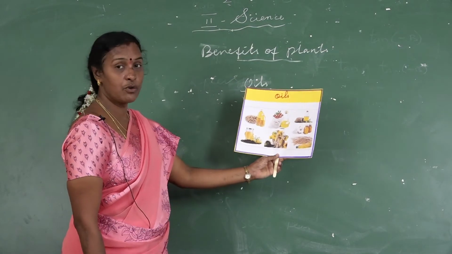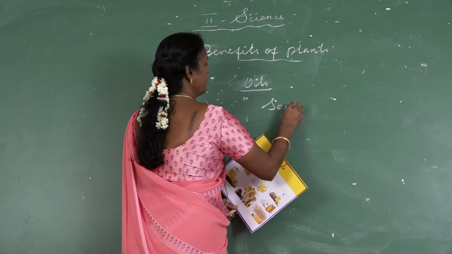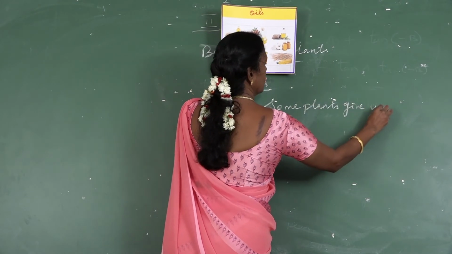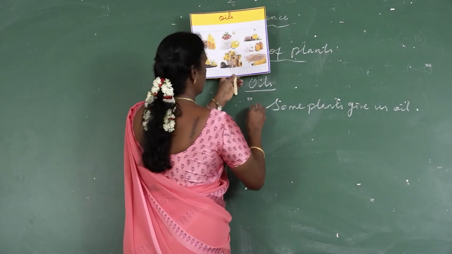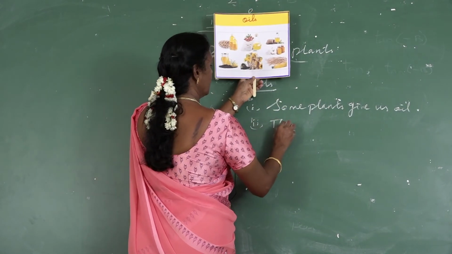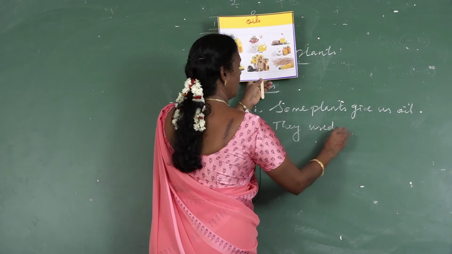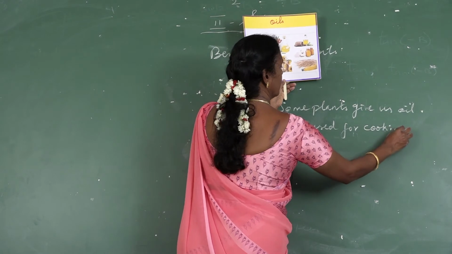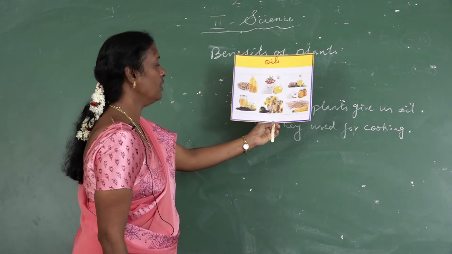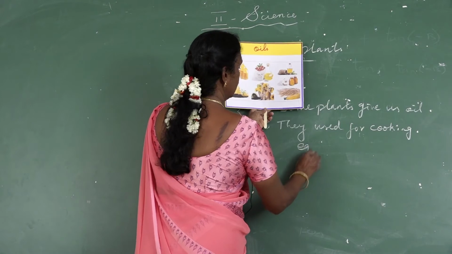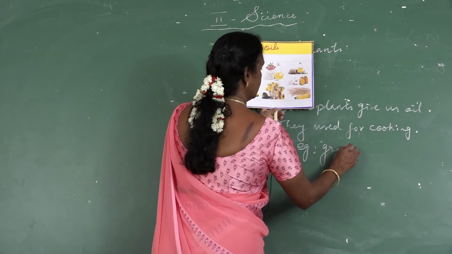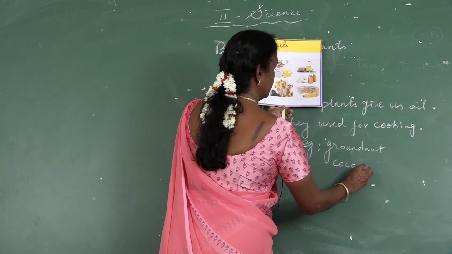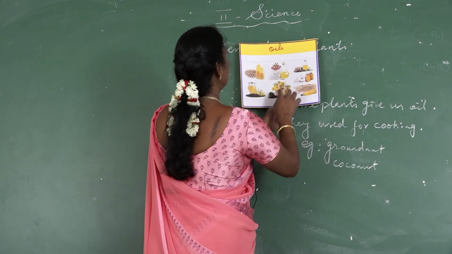Some plants give us oil. They are used for cooking. Example: groundnut, coconut and sunflower.